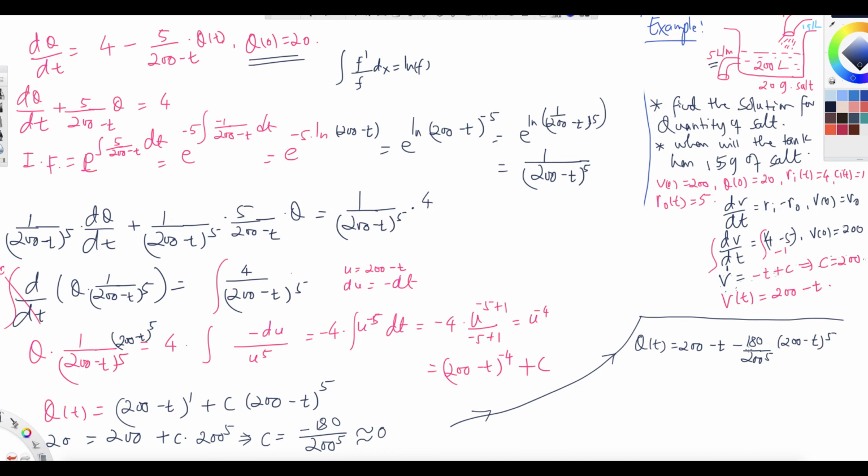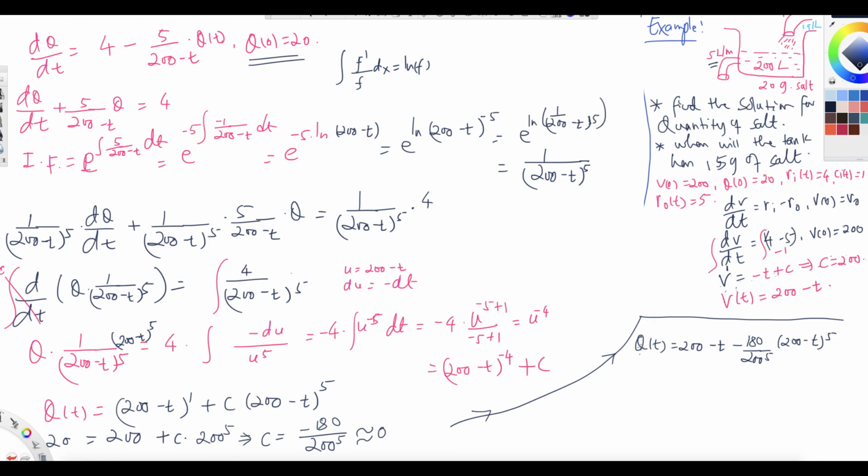But this is almost 0. You see that? This guy is almost 0 there. Okay. So although there is a power of 5, but since this is almost 0, I'm ignoring this term to answer the second question. Okay, because it is hard to solve the 5th power of t.